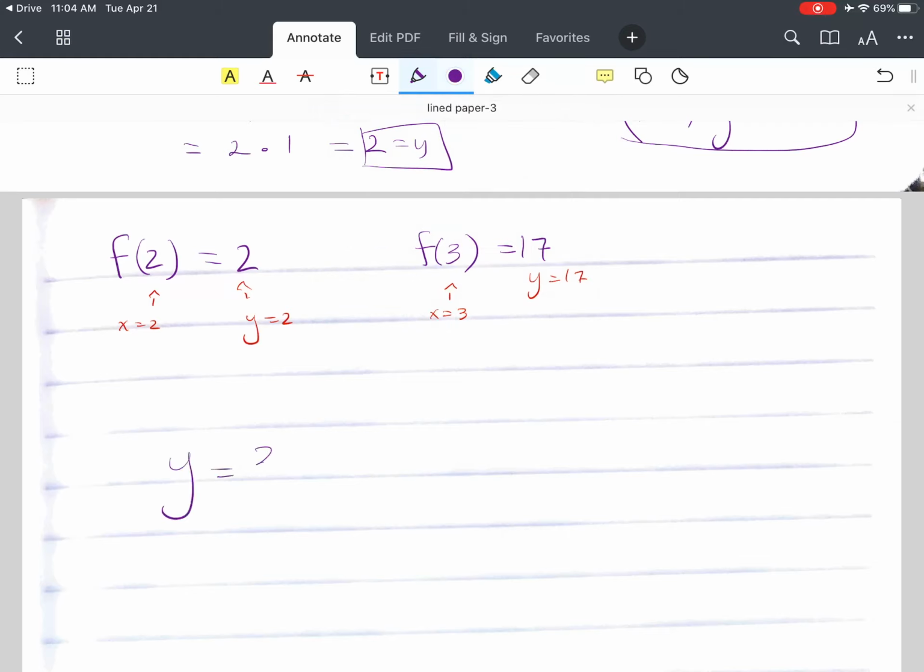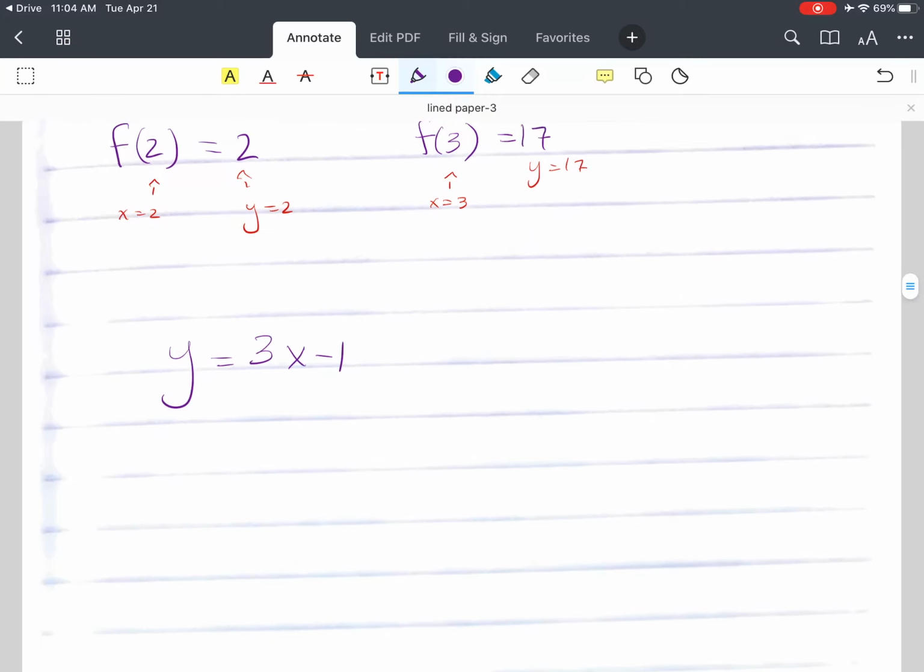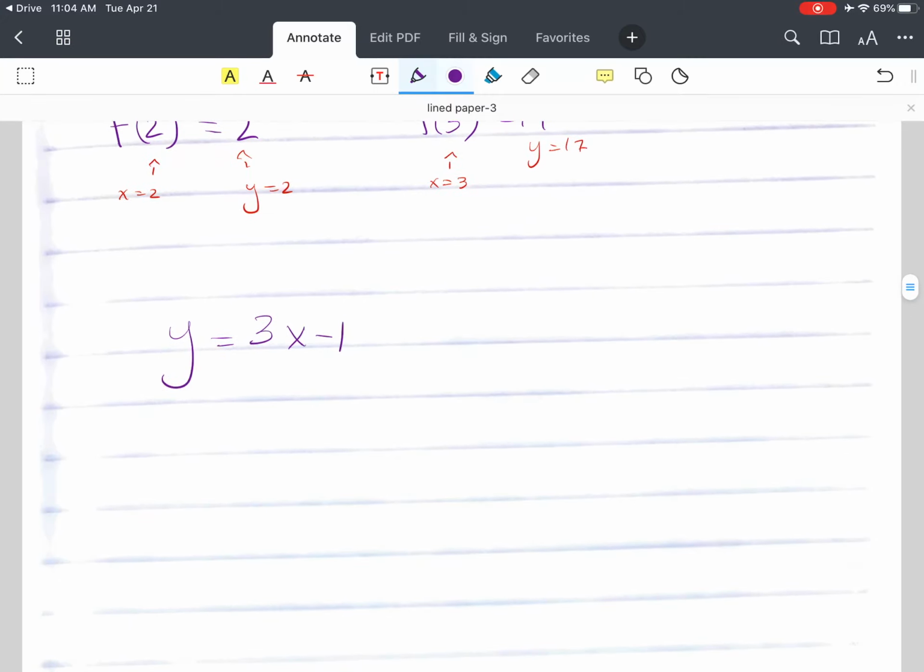And so sometimes instead of saying like y equals 3x minus 1, you might see, right, some books or some homework assignments where it says f of x equals 3x minus 1. This is just another way to say y, okay?